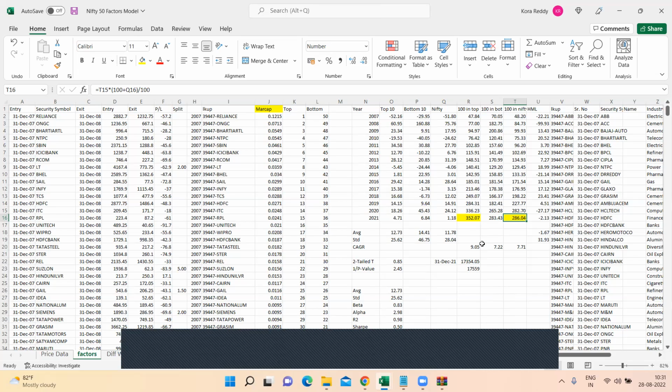This was in 2000. The case for now would be Coal India.